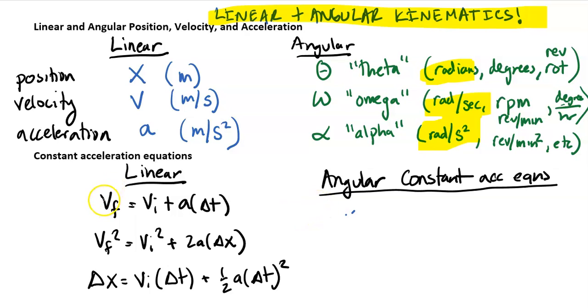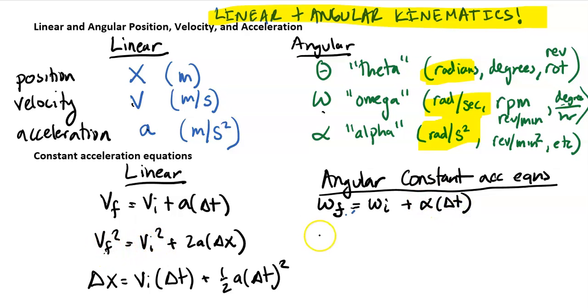Let's think about it. We're basically replacing V with omega. So this is going to be omega F equals omega I plus alpha times change in time.